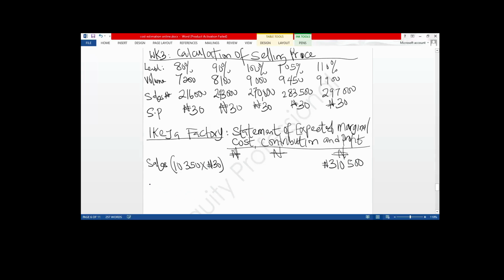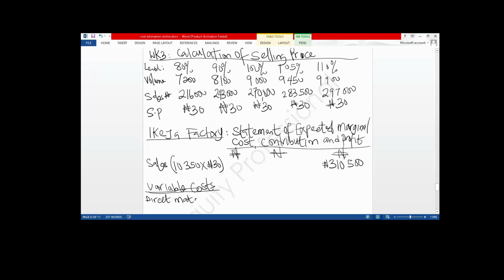Go to your variable cost. We start with direct material. Now, if you look at the material cost, we have two.